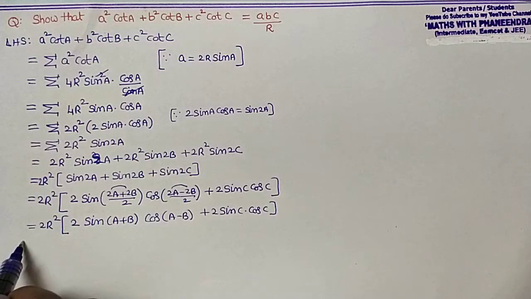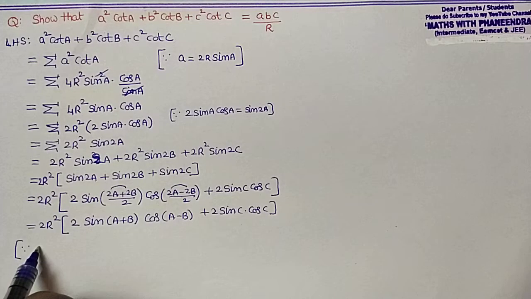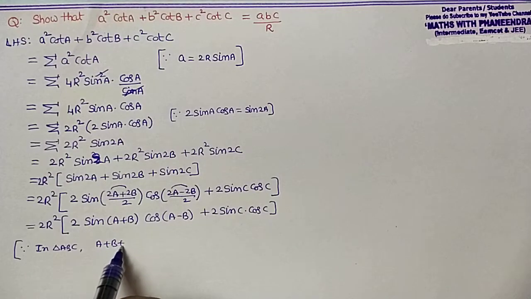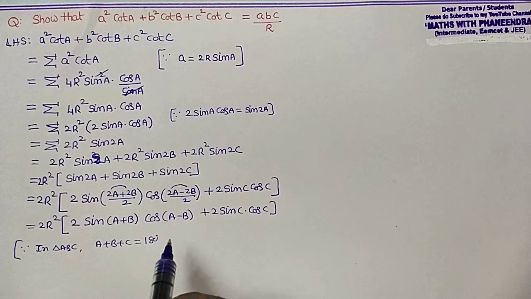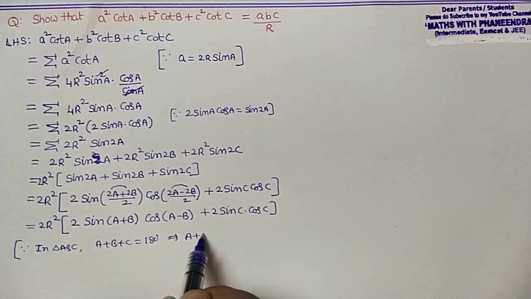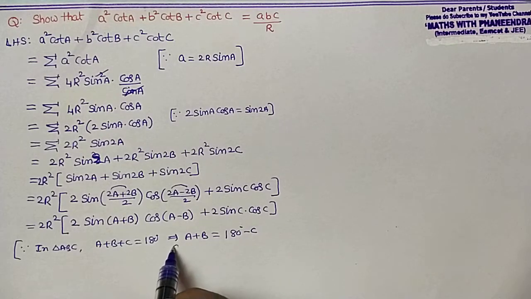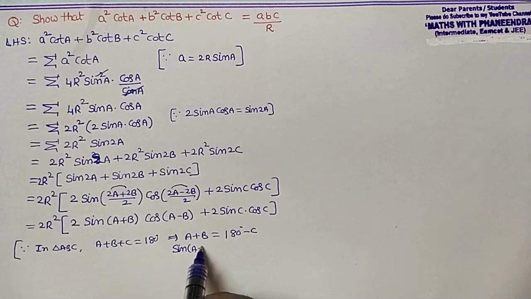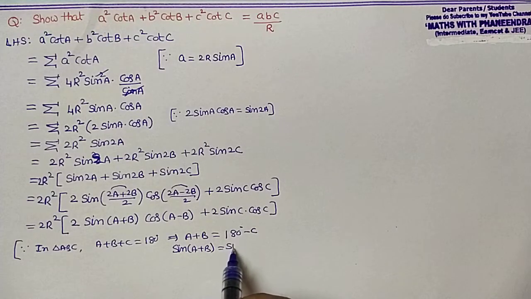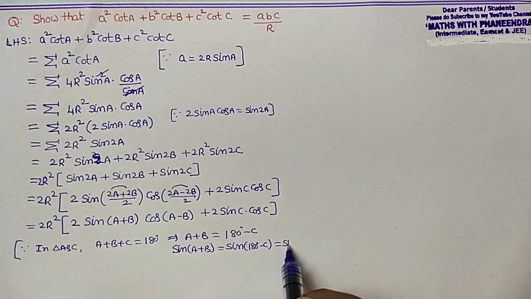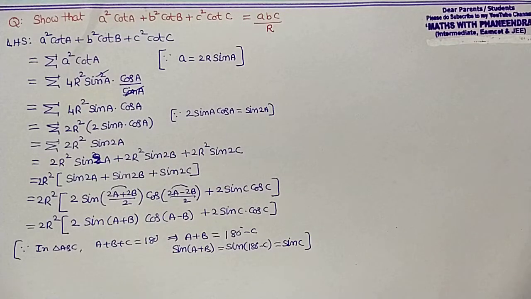In triangle ABC, A plus B plus C equal to 180. That implies A plus B is equal to 180 minus C. So sin of (A plus B) equal to sin of (180 minus C), which is equal to sin C. Sin of 180 minus theta is sin theta.